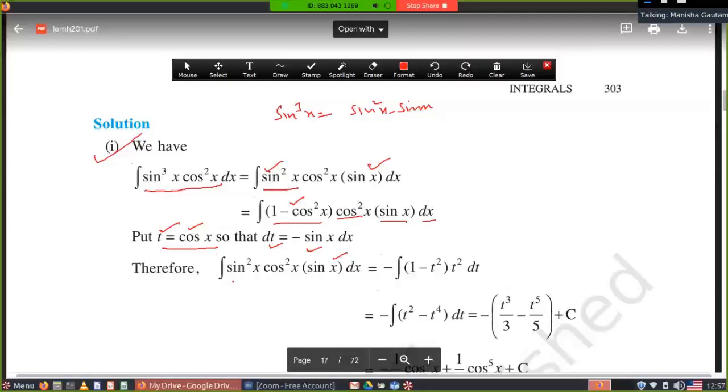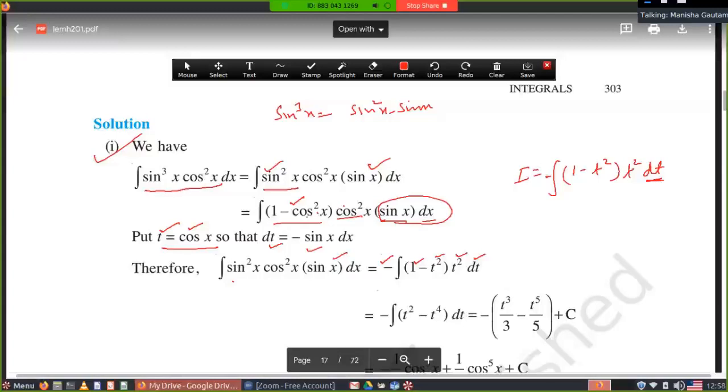Here you will get what? This becomes 1 minus cos square, meaning t square, and this is again t square, and sine x dx becomes minus of dt. The minus sign is here and this is dt. Now you have to find the integration of minus 1 minus t square into t square with respect to t.